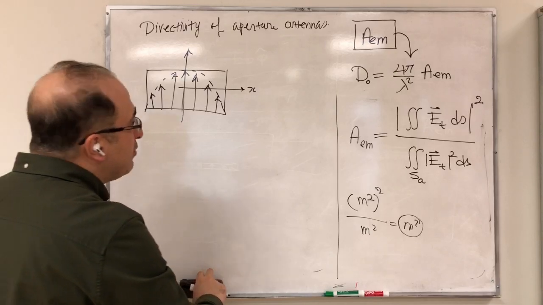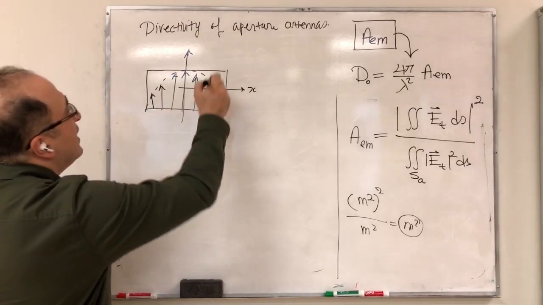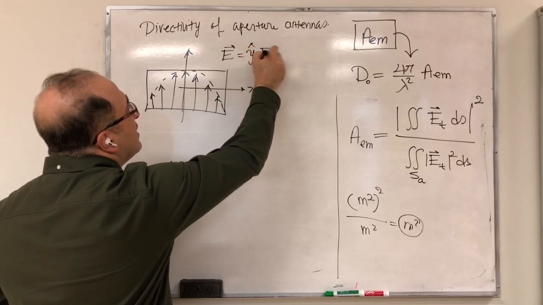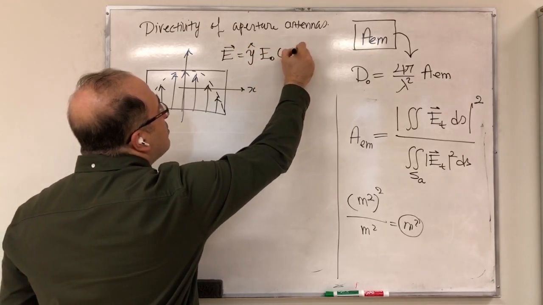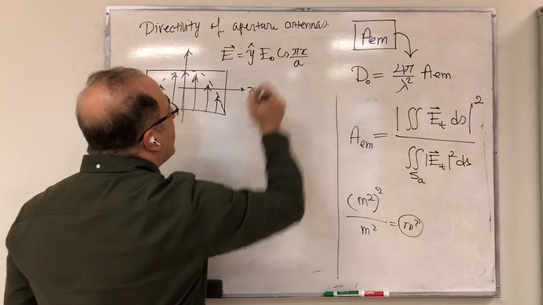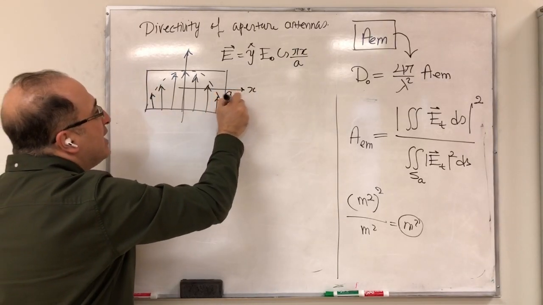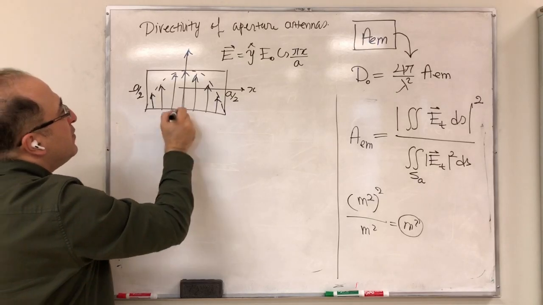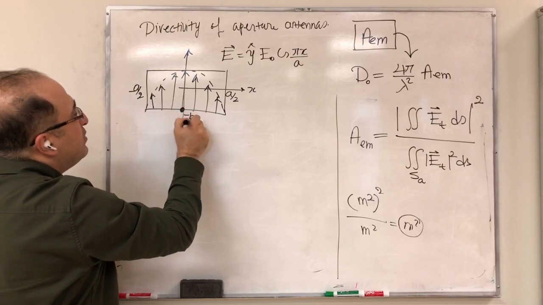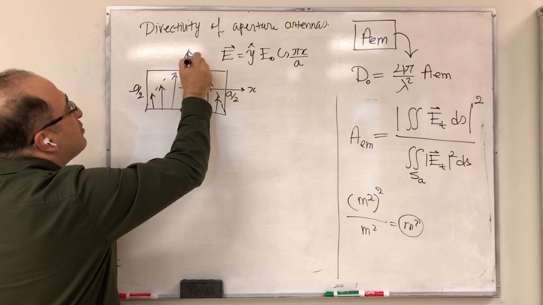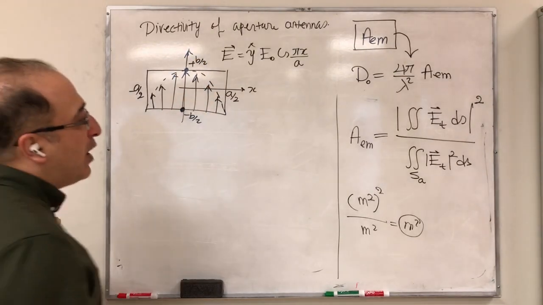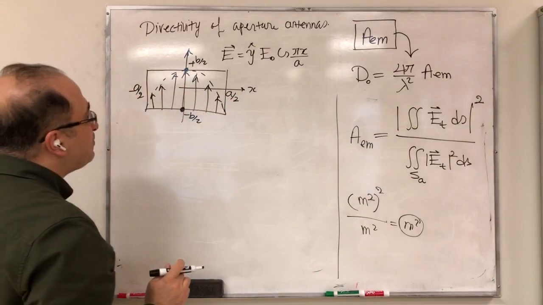So let me start by writing the electric field: E is y hat E naught cos(pi x divided by A). So we know that here is A divided by 2, here is minus A divided by 2, here is minus B divided by 2, and here is plus B divided by 2. So that's my electric field, and I'm going to start with that.